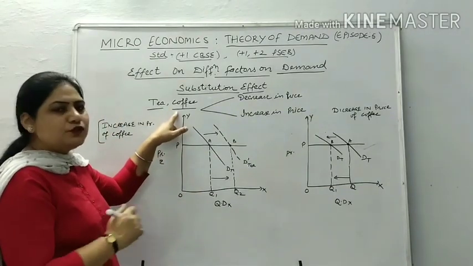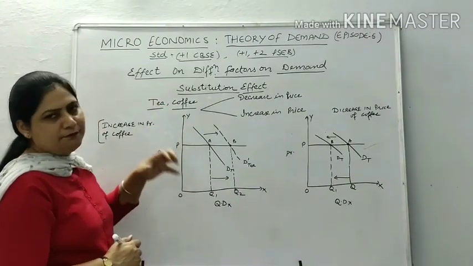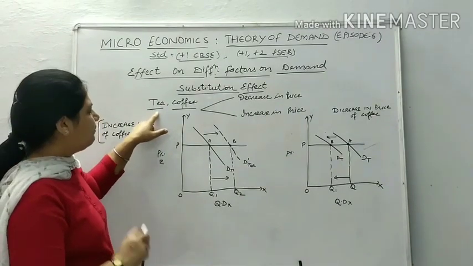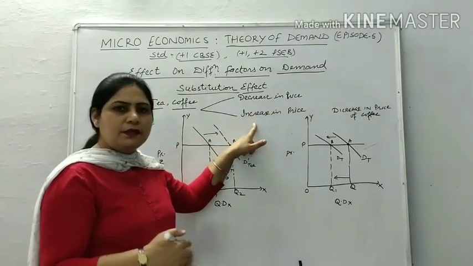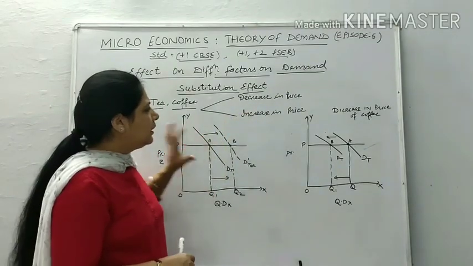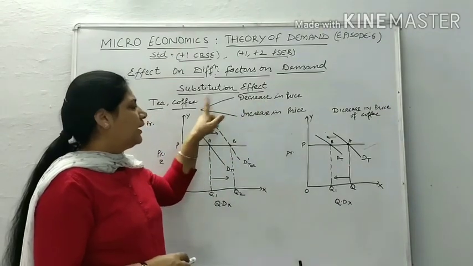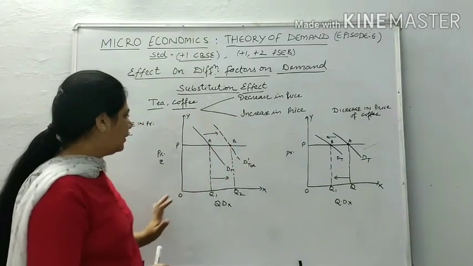How does the price of coffee make an impact on the demand for tea? The price of coffee may decrease or may increase. We can learn how a decrease and an increase in the price of coffee can have an impact on the demand for tea.